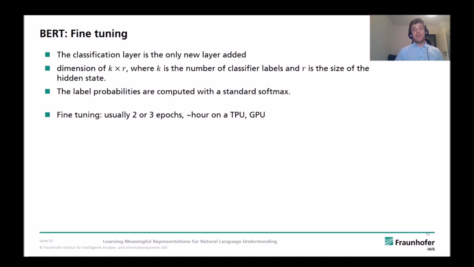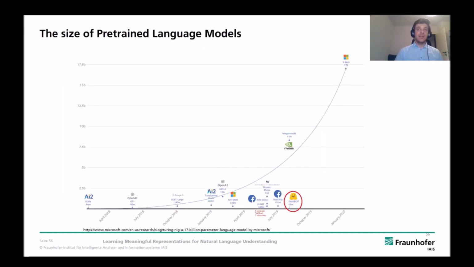And typically, the fine-tuning step is quite fast. So let's say we have fewer resources, we can take a pre-trained language model for English, for example, and fine-tune it to our task on the dataset which we have. 2 or 3 epochs could take approximately an hour on a TPU or GPU, depending on how much data we have.